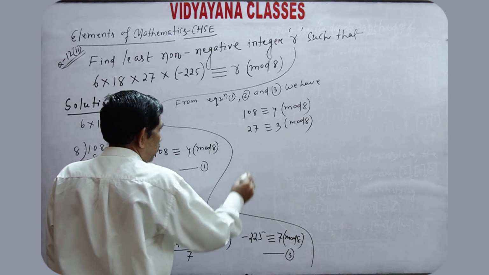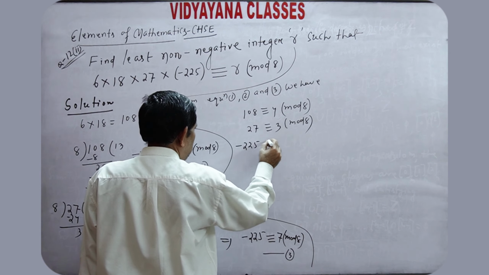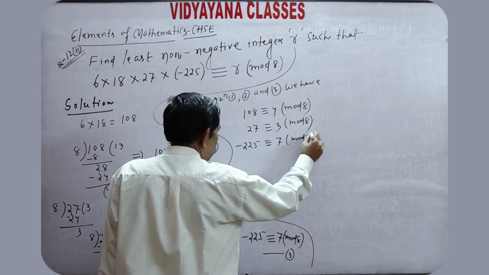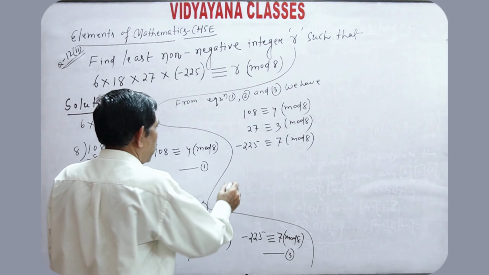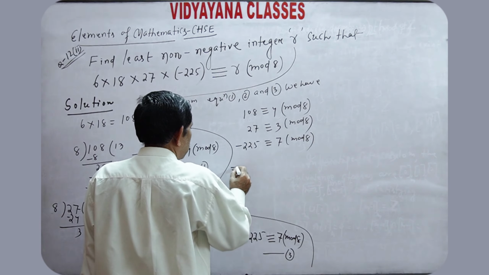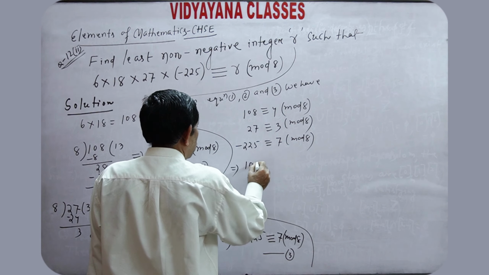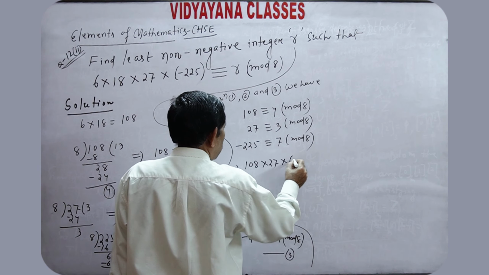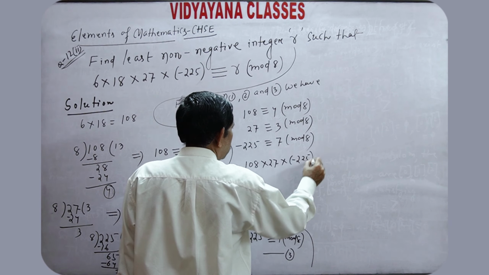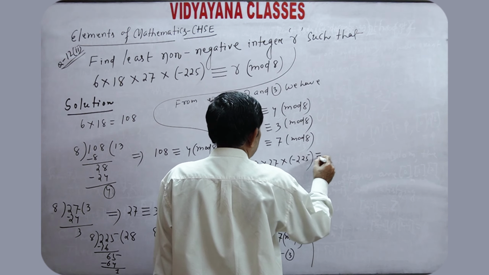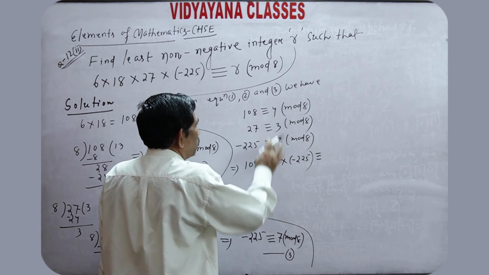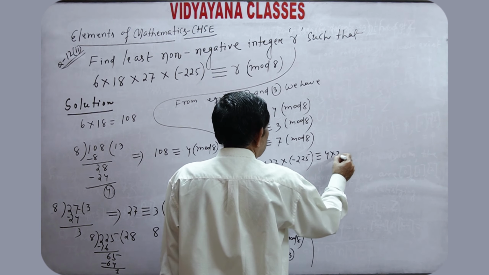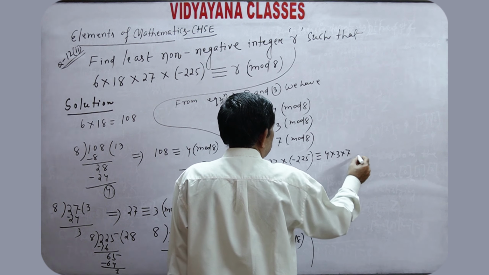And equation 3 gives minus 225 congruent to 7 mod 8. Which implies 108 into 27 into minus 225 is congruent to 4 into 3 into 7.